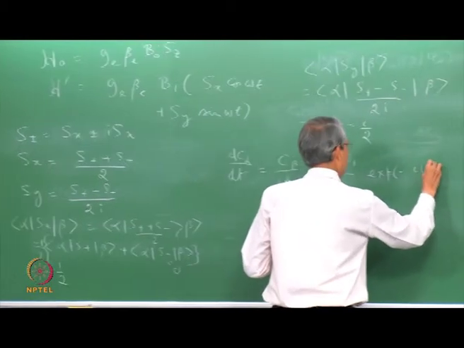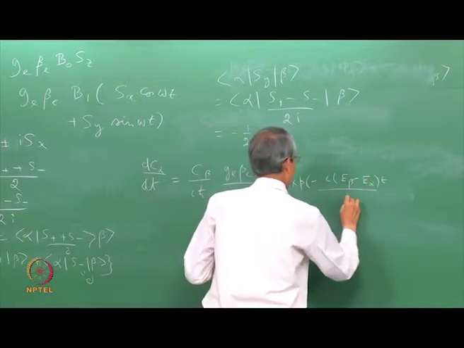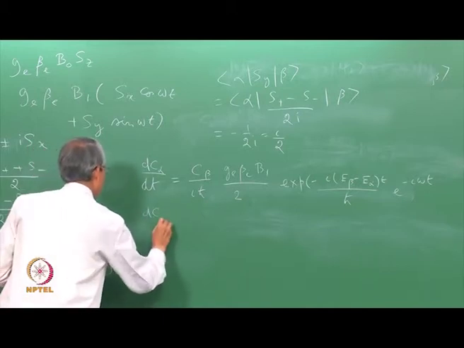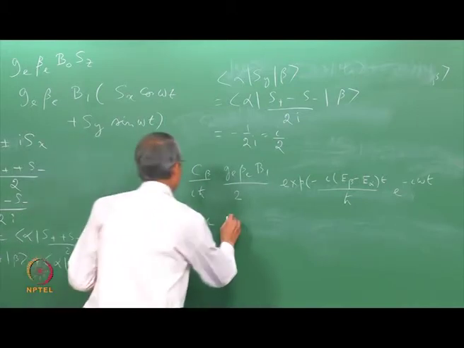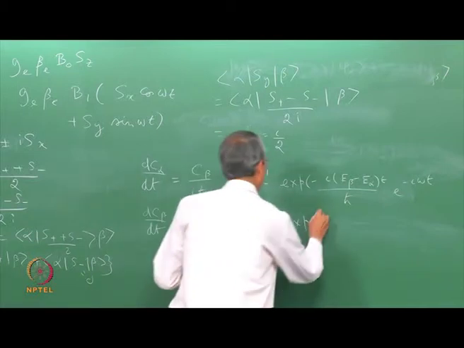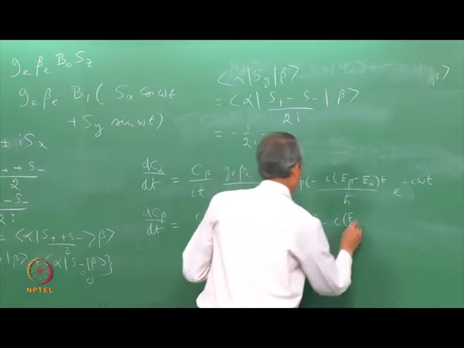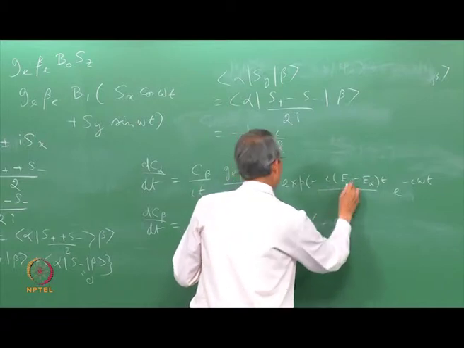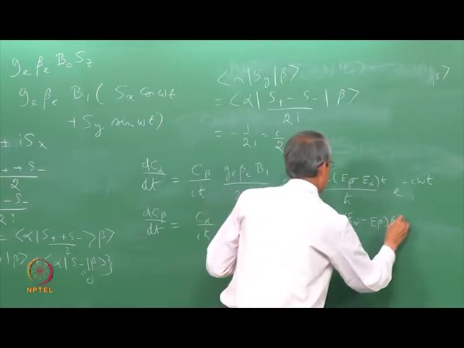exponential minus i omega t, and similarly dC by dt gives C alpha by i h cross g e beta B1 by 2 exponential, this is alpha minus beta by t.